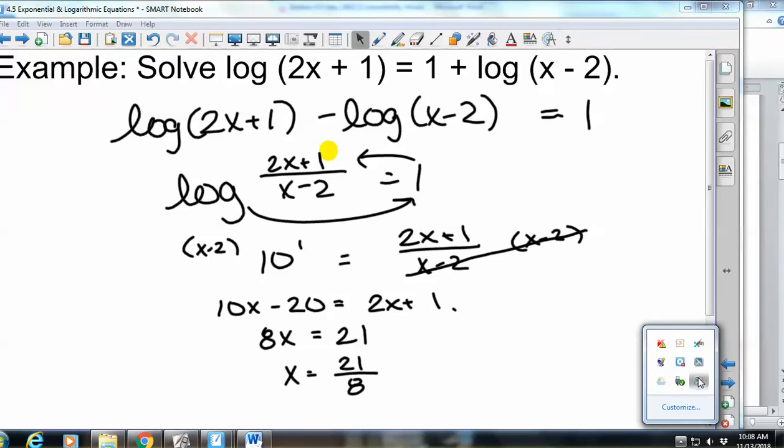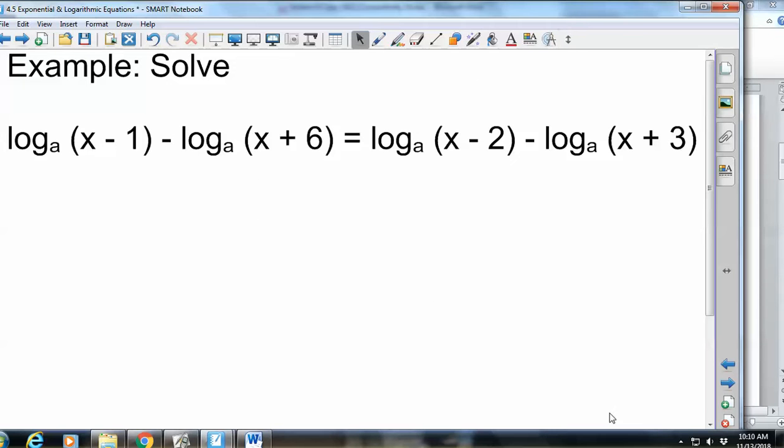First of all, do you have any terms without a log? No. So I don't have to worry about putting all the logs on one side because everything's got a log. Alright, let's just start on each side and condense what we can. If these two logs are subtracted, it'd be log base A of (x minus 1) over (x plus 6).